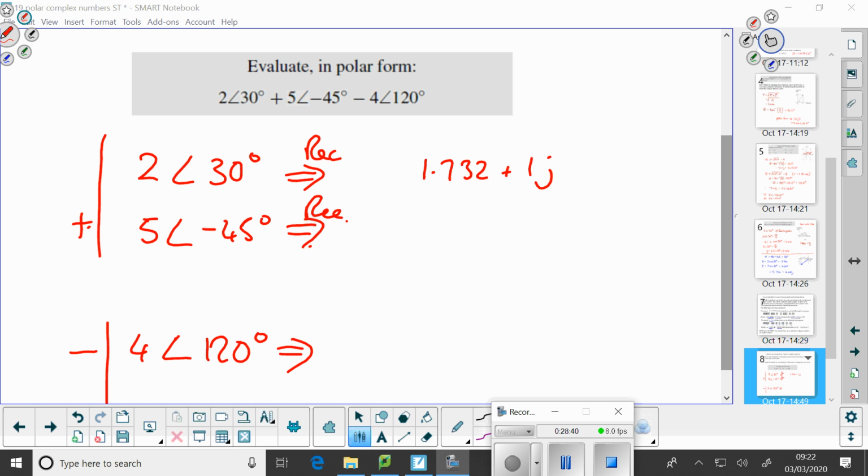So what do we get for the second one then? 5 angle minus 45. Plus or minus? Minus. Should be. Did you put minus 45 degrees in for the angle? Minus.